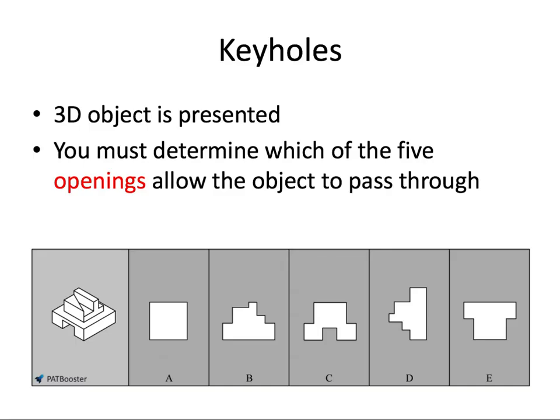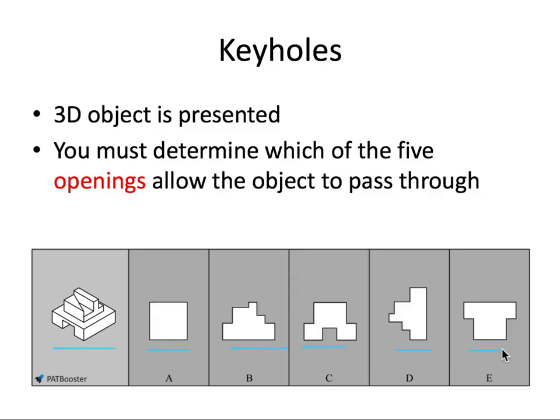So for each keyhole question on the PAT, you're presented with a 3D object and must determine which of the 5 provided openings in the answer choices would allow the object to pass through with a perfect fit. Now, the object can pass through the opening in any orientation, but it can't be rotated or twisted around while it's passing through.